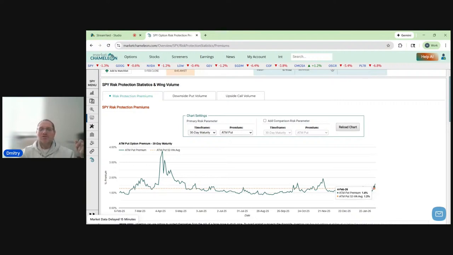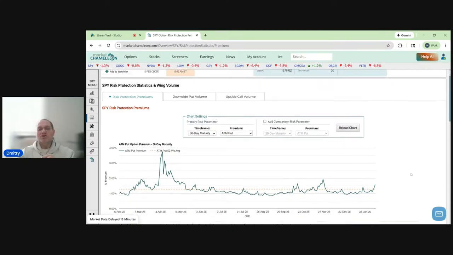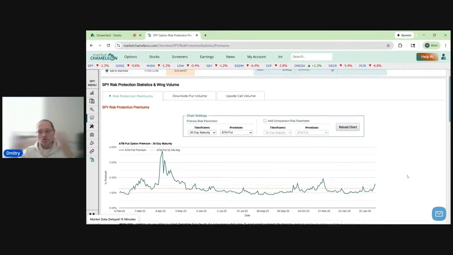So here we could see, in this situation right now, it's 1.6%. Or for 30 days, it costs you $1.60 to insure $100 worth of stock. Okay, so we're looking at not stock price, but how much risk you have notionally in the stock and how much would it cost you to protect that risk.